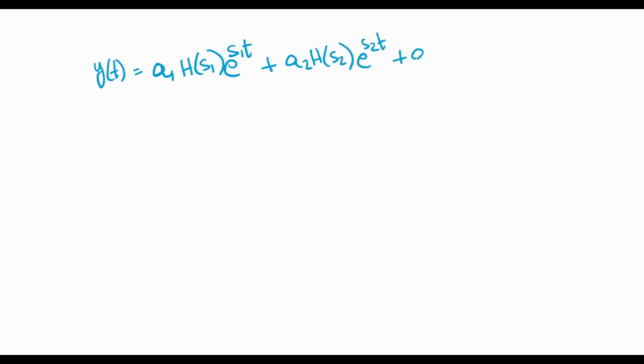So the output y of t can be written as the coefficient a1 times H of s1 times e to the power s1t, plus a2 H of s2 e to the power s2t, plus a3 H of s3 e to the power s3t, plus a4 H of s4 e to the power s4t.